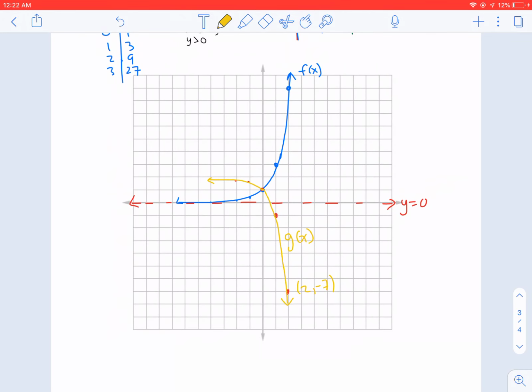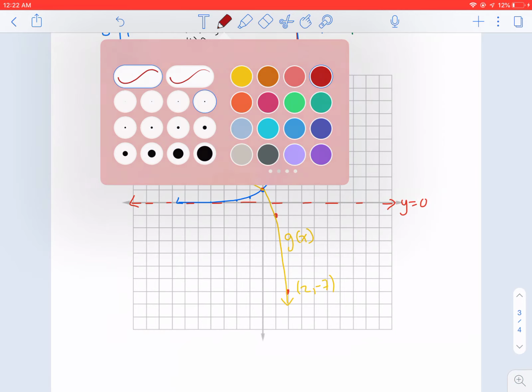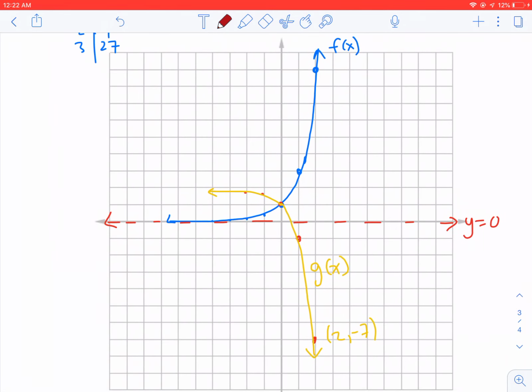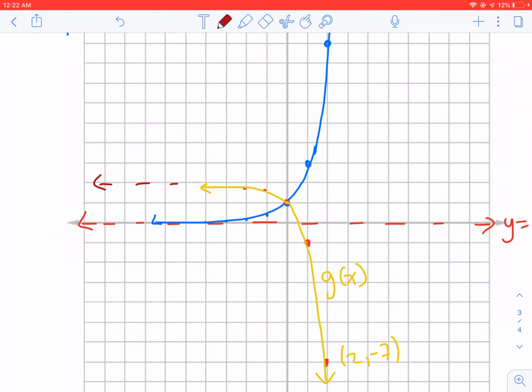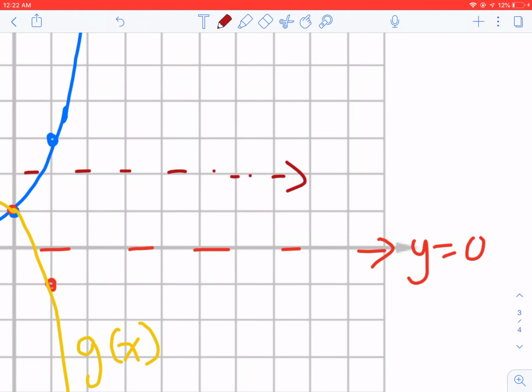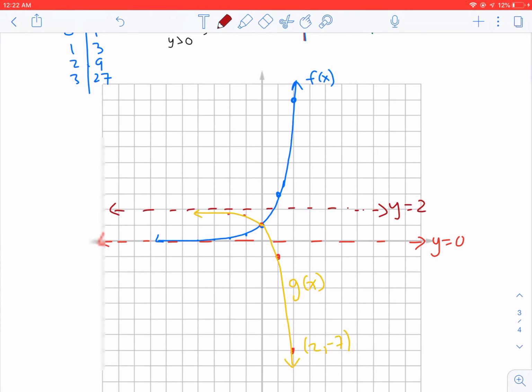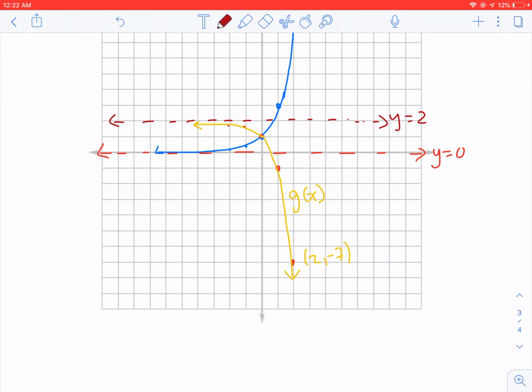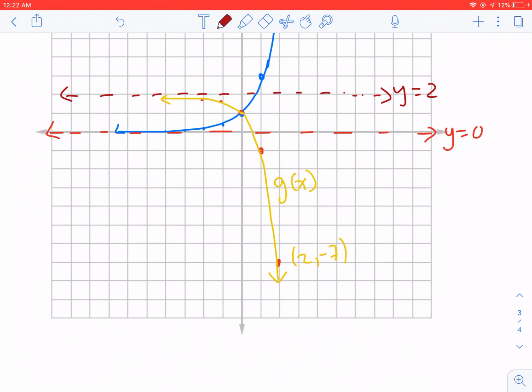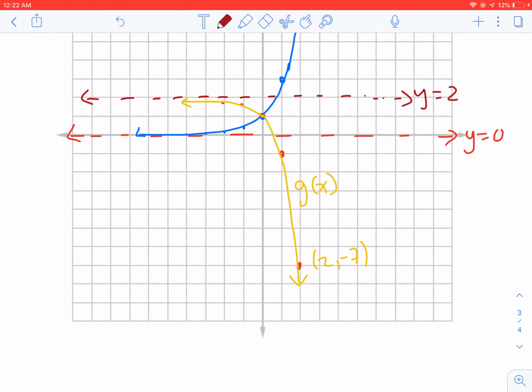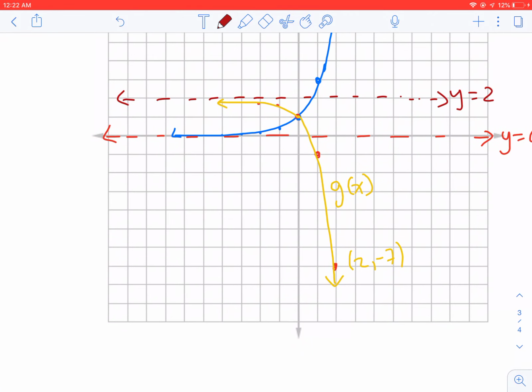Alright, so we're just doing transformations like I said before on exponential functions. Same rules apply. In this case, because we shifted up 2 units after, our y-intercept is at y equals 2. And also want to just talk about end behavior for g of x here. So for g of x, we can say as x approaches, let's start with negative infinity.